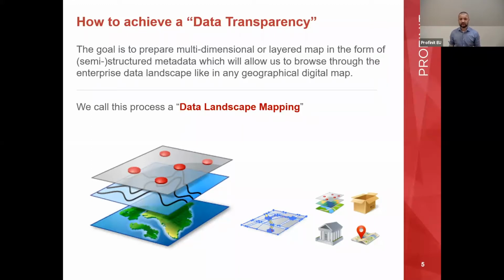So I believe that the way to achieve data transparency, to visualize everything about our data in our companies, is to do what I call data landscape mapping. Simply go to the terrain, scan everything, and then collect metadata in this case, because data about data is called metadata. So collect it, put it into one place, and then visualize it. That's it. That's all.